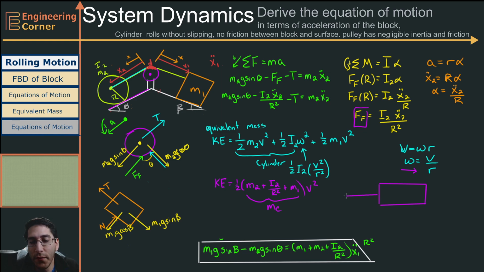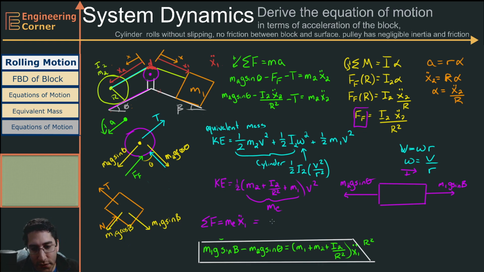So this way, I'm going to have a weight of, what would that be? That's the cylinder. The cylinder is pulling it this way, which is going to be m2g times the sine of theta. This is my positive direction. This way is going to be m1g times the sine of beta. So now if I do the sum of my forces is equal to my equivalent mass times this acceleration, right? Because I'm going towards this acceleration.